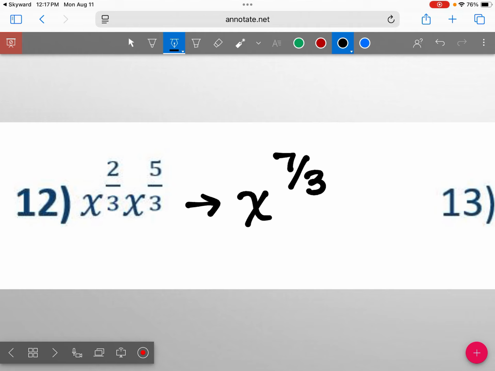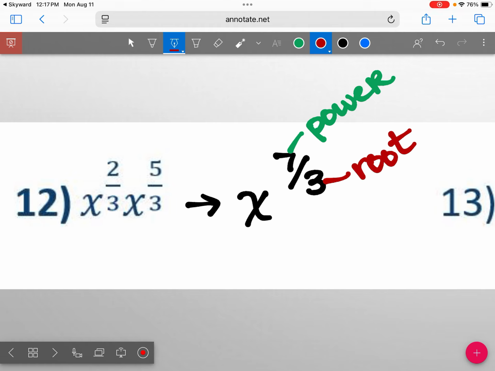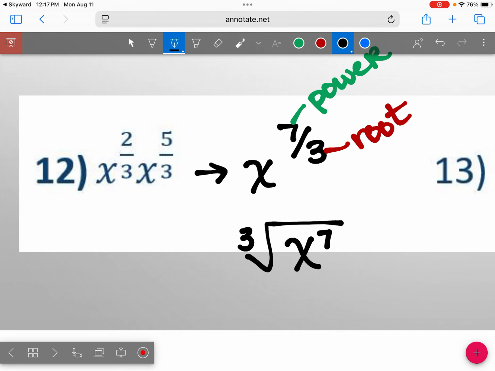2/3 plus 5/3 is 7/3. Now let's go back to the definition that we learned at the very beginning. This is my power. This is my root. So what I have is the cube root of x to the 7th. That needs to be simplified.